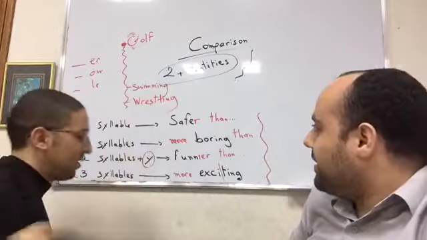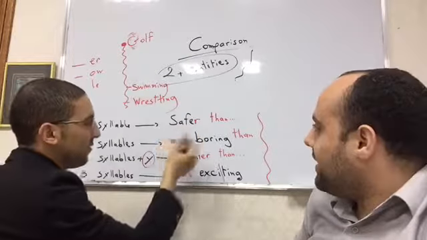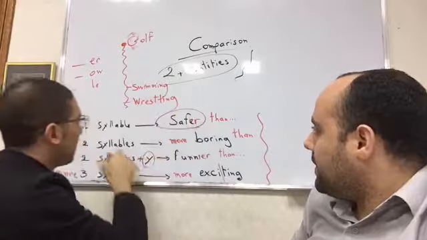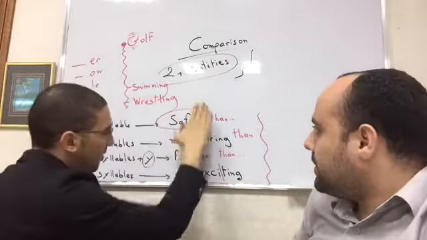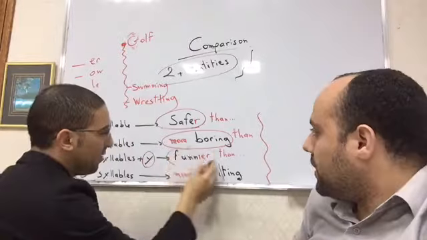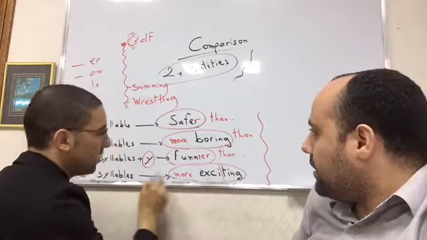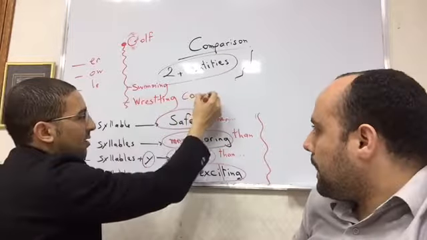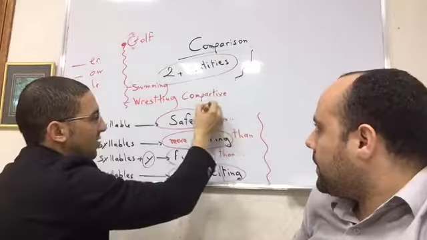I'm going to circle them. Safer is the comparative of safe. More boring is the comparative of boring. Funnier and more exciting. We call these comparatives, or comparative adjectives.